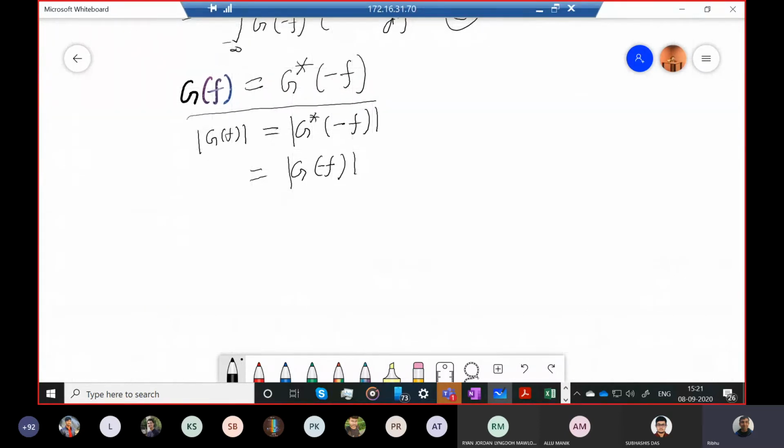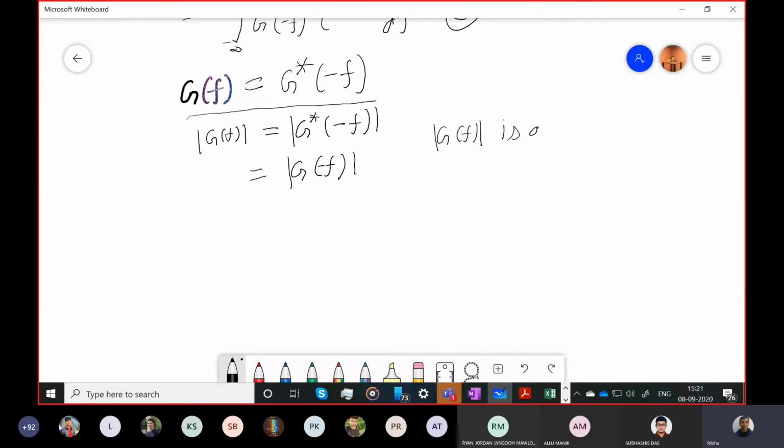Which means that the magnitude of G(f) is an even function of frequency.